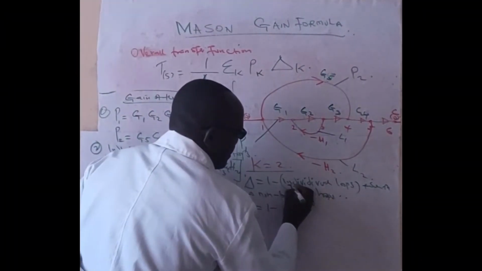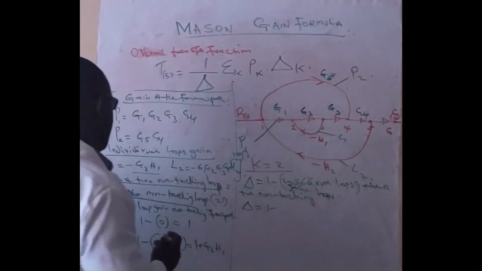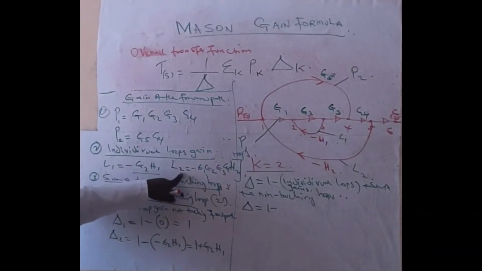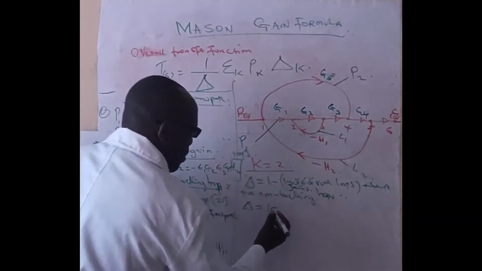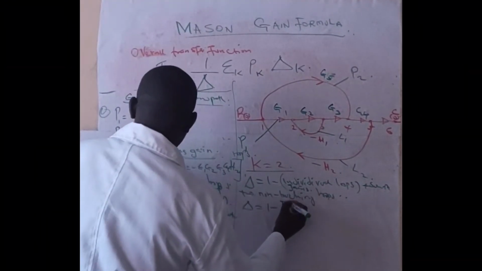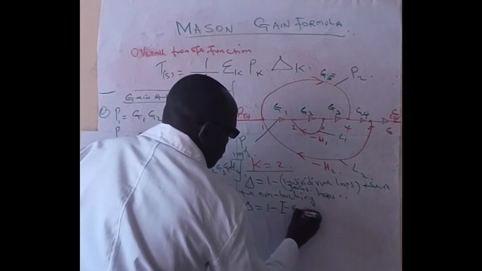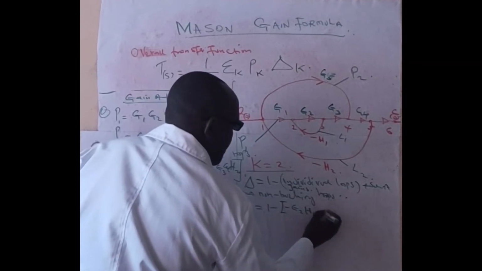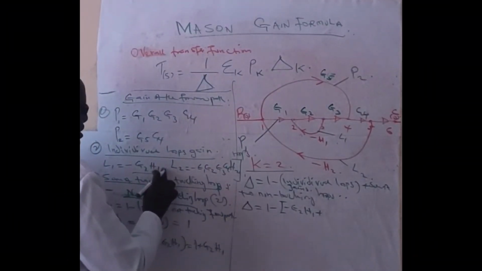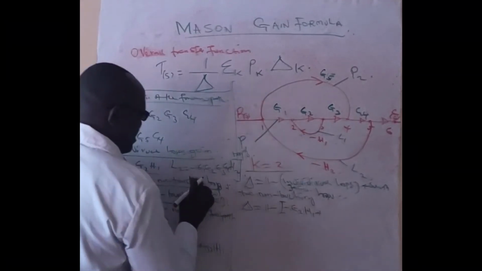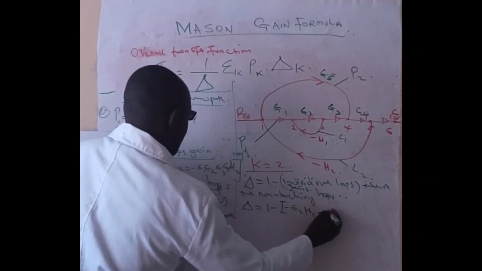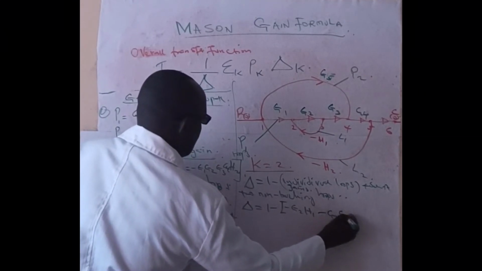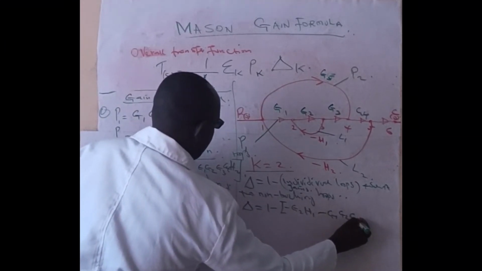which is this one. We have L1, L2, so the sum of these two. It's going to be 1 minus negative G2H1, plus this one negative, so we say minus G1, G2, G3, G4, H2.